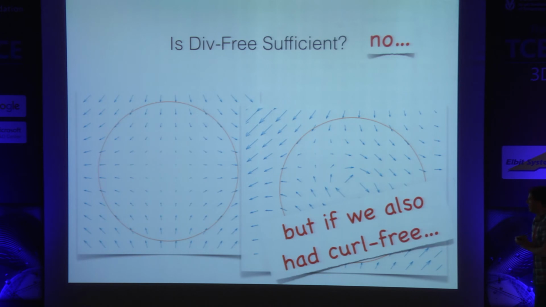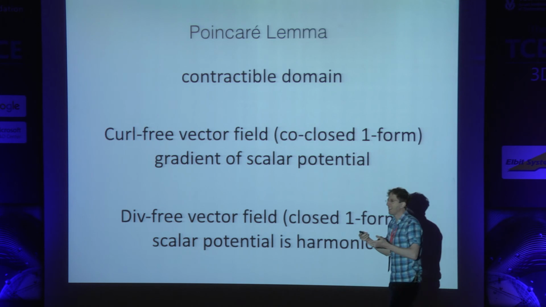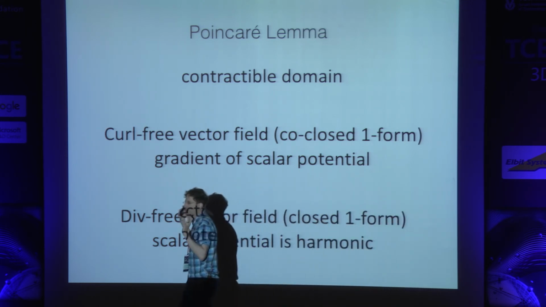But if we think for a second of divergence-free as a closed one form, what if it was co-closed? What if it was also curl-free? Then we can turn to Poincaré for some help. If we have a contractible domain, and we have a co-closed one form, or a curl-free field, then that vector field can be written as the gradient of a scalar function.